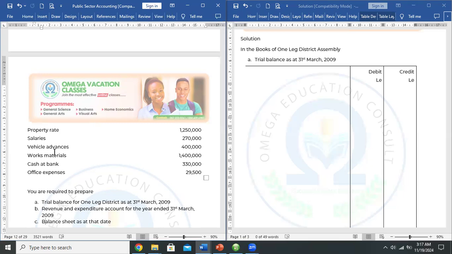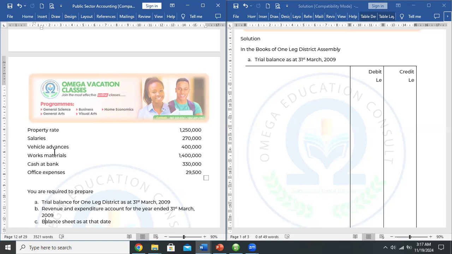Work materials, 1,400,000. Cash at bank, 330,000. Office expenses, 29,500. You are required to prepare a trial balance for One Leg District as at 31st March 2009. B. Revenue and expenditure accounts for the year ended 31st March 2009. And C. Balance sheet as at that date.